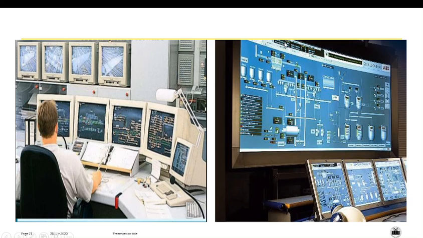So this kind of computer or screen is there, and over this screen these objects are placed by the programmer, which look very similar to the big devices installed at the plant.